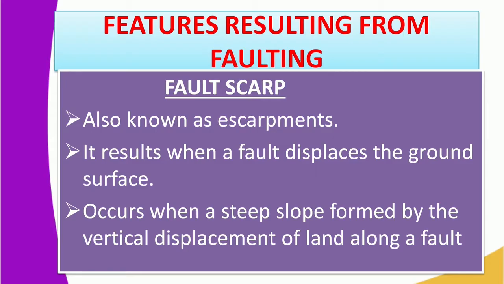It can also occur when a steep slope is formed by the vertical displacement of land along a fault. A fault is normally somewhat like a right-angled triangle, where one side of the land is sloping and steep, and it has been displaced vertically by another fault.